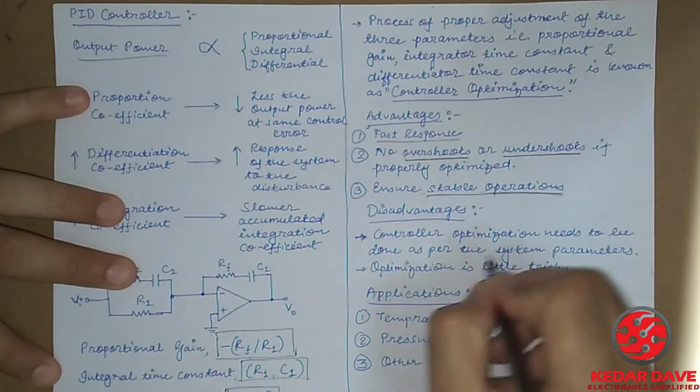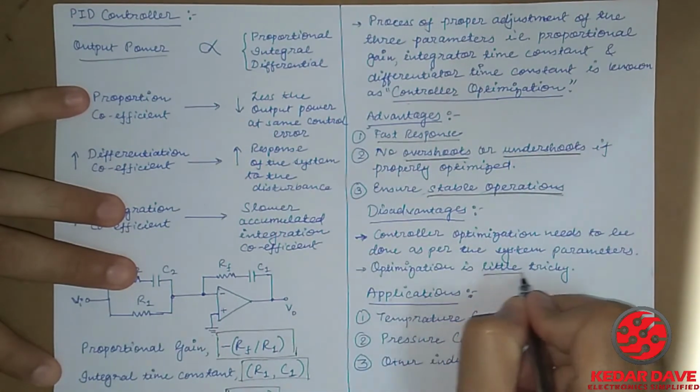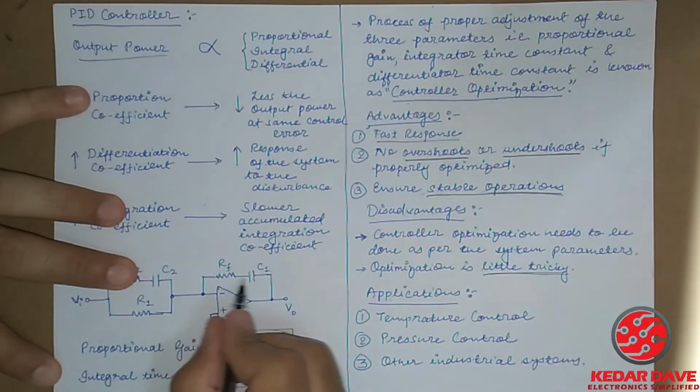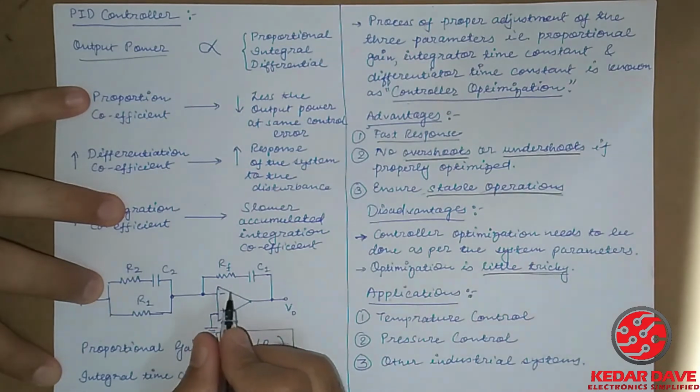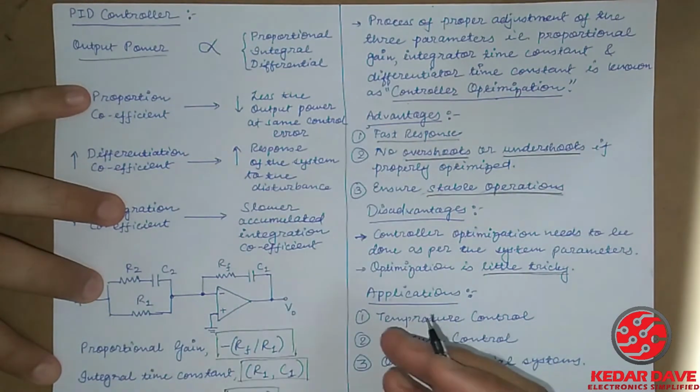And the second thing is that optimization is a little tricky, right? If you check, the RC circuit is making a time constant circuit, and it may be oscillating or non-oscillating. If it is oscillating, then it will be of no use to us, as we need to filter it out, right? So these are the problems associated with this PID controller.